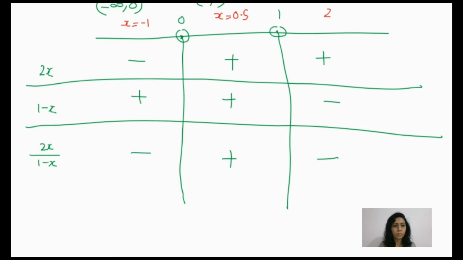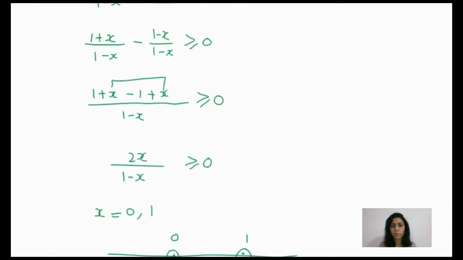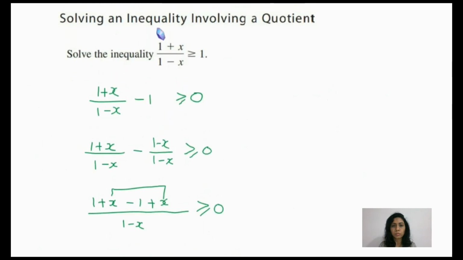So for this, from the diagram we see that 2x upon (1 minus x) greater than or equal to 0, right? So this is a positive value. For x in the interval 0 to 1, we include the endpoint 0, because the original question requires the quotient to be greater than or equal to 0. This one, right?